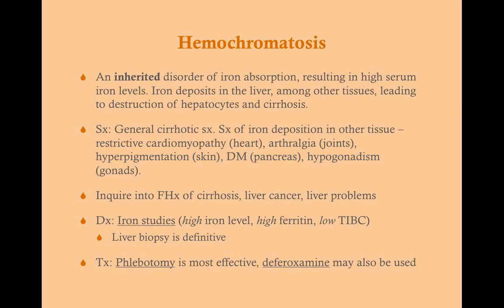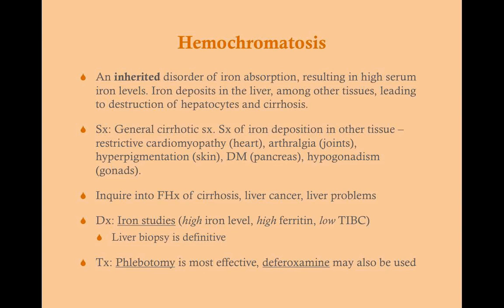But you're going to have iron depositing in other places that are going to cause other symptoms. So yes, you do have iron deposits in the liver, and that causes cirrhosis. But what's going to point you towards hemochromatosis are the other symptoms that come from iron depositing in those tissues. So the general symptoms of hemochromatosis are cirrhotic, and then you'll also have symptoms of iron deposition in other tissues.